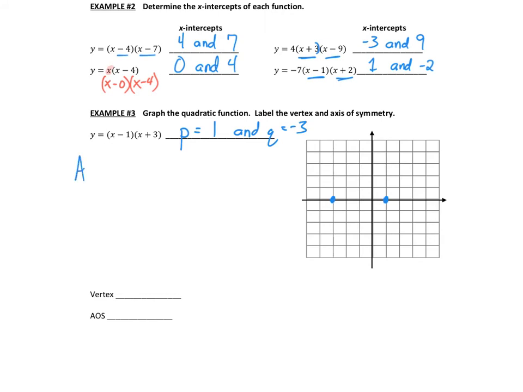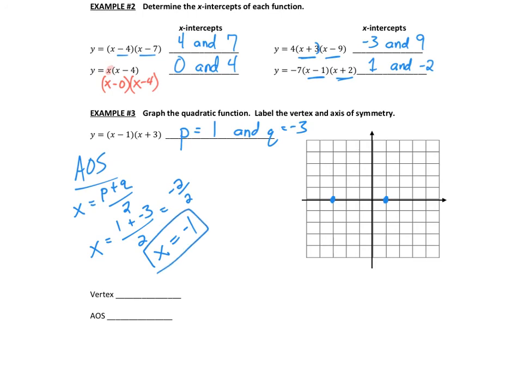We need to find the axis of symmetry. The axis of symmetry is x equals p plus q divided by 2. So p is 1. Q is -3. So 1 plus -3 divided by 2 is -2 divided by 2. That means x equals -1.